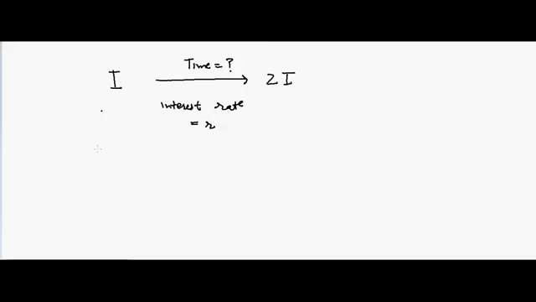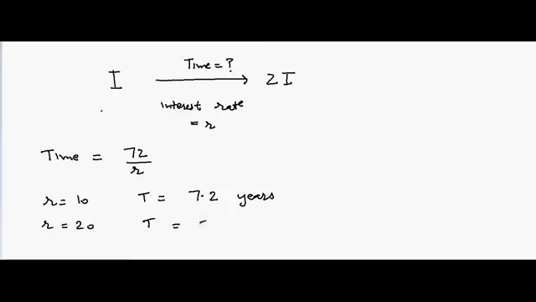There are certain ways to calculate this, but if you use this trick, the approximate time can be calculated very easily, and the time will be equal to 72 divided by R. For example, if the rate is 10, then time will be equal to 7.2 years. If the rate is 20, then time will be equal to 3.6 years.